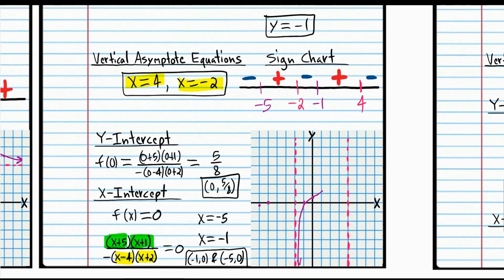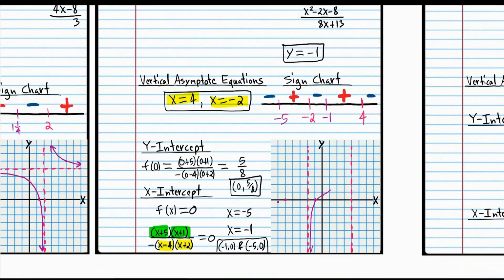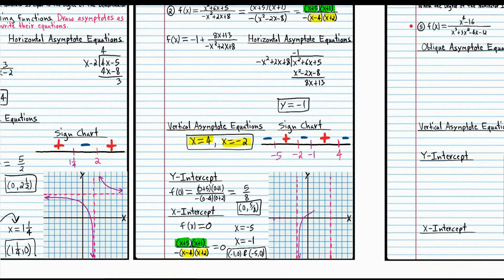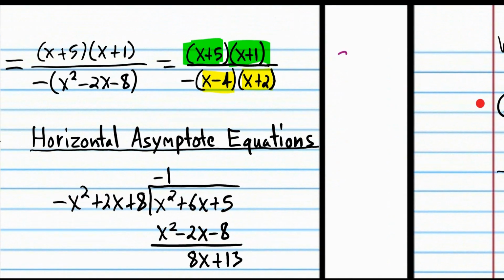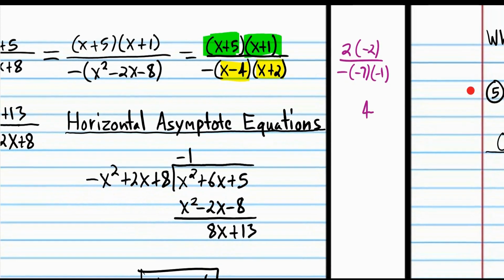Let's plug in negative 3. If we plug in negative 3, we'll get 2 times negative 2 over negative 7 times negative 1, so that's going to be negative 4 over negative 7, which is 4/7.